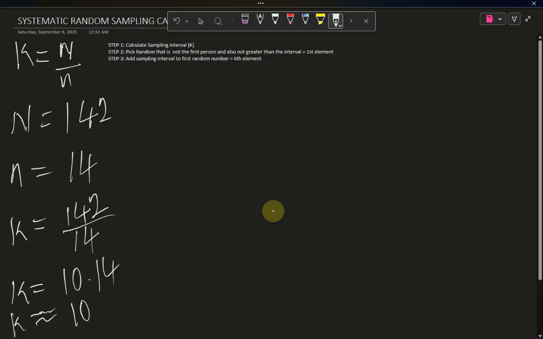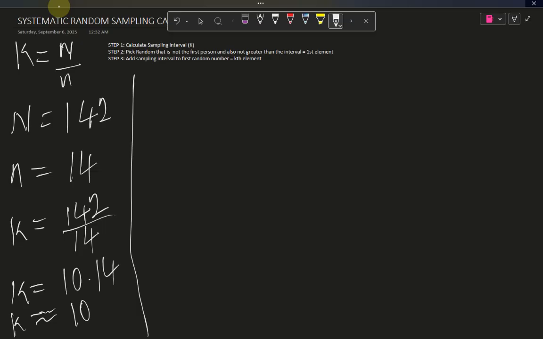Yes, good. Now, since we have our sampling interval, we then select step 2. Select the first random number that is not the first and also not greater than the sampling interval. What number do you suggest we select? It's not one and it's not bigger than 10. Yes, 5, sir. Okay, 5.